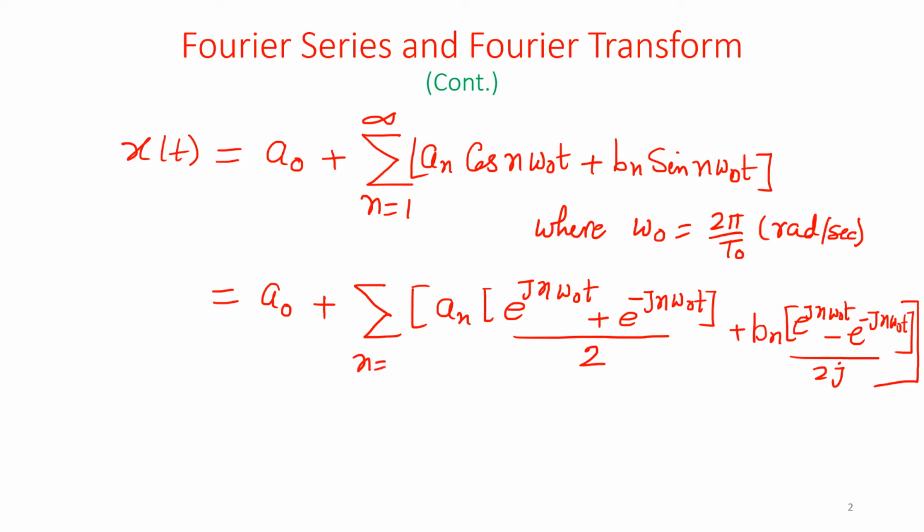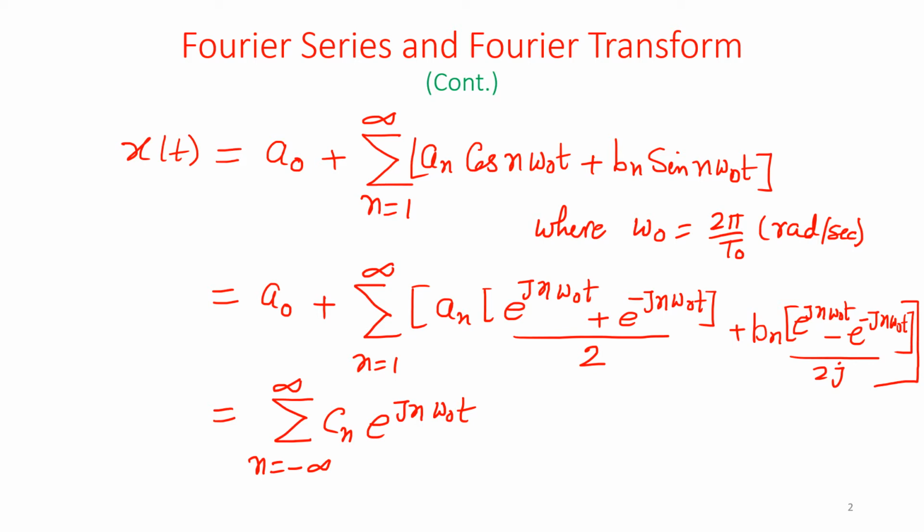Now this is from 1 to infinity. Now we can rewrite. As both cosine and sine are in terms of e to the power either j n omega naught t or e to the power minus j n omega naught t, we can express this thing as Cn e to the power j n omega naught t, where n here can start from minus infinity to infinity, all integers, right?